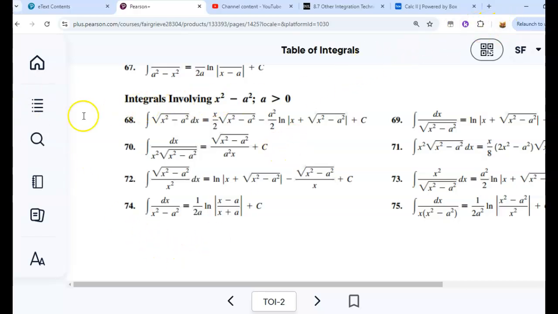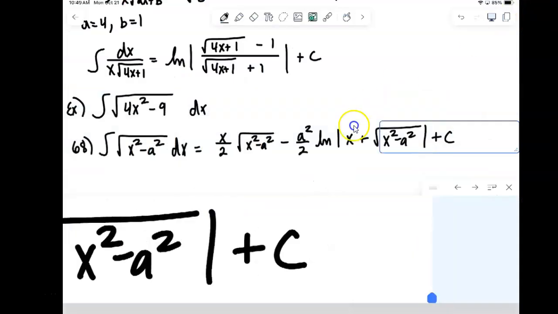So just taking formula 68 as it was: x over 2 square root of x squared minus a squared, minus a squared over 2 ln absolute value of x plus square root of x squared minus a squared, plus a constant.